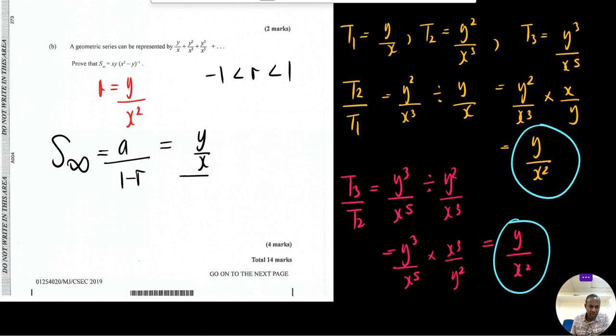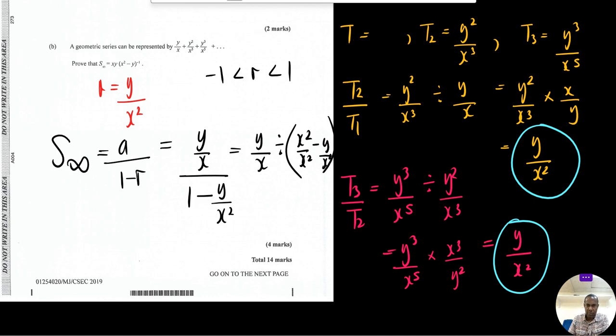So it's y over x divided by 1 minus y over x squared. And we'll try to simplify this. So we have y over x divided by, this is the same thing as x squared over x squared minus y over x squared.